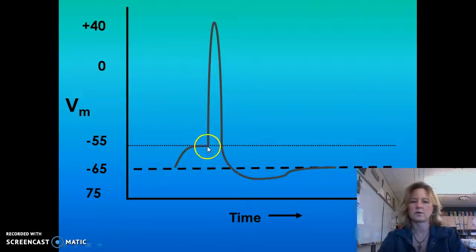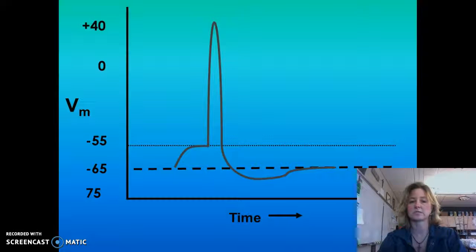Okay, so remember, our sodium channels are open here, here, here, here, here. When we get to this apex here, the sodium channels become blocked, okay, with that ball and chain model, and our membrane potentials are going to swap places, more positive on the inside and negative on the outside, which stimulates the potassium channels to open.